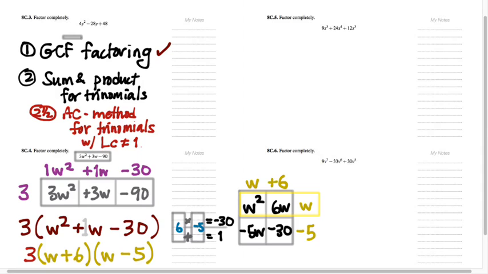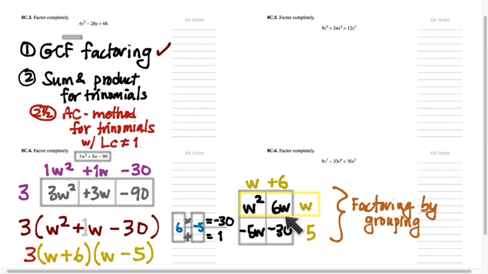And in doing so, that lets us then use the rest of this factoring method, which, by the way, if you align this with what we're reading in our textbook or what you might see elsewhere online, this is actually just a repackaging of a method that's called factoring by grouping. And the grouping here, what's meant by the grouping here is that we sort of group together these first two terms, the w squared and the 6w, and I highlighted that first row in the lattice.